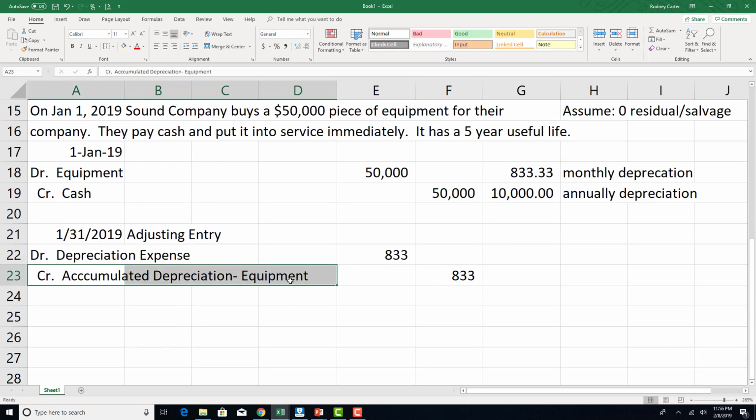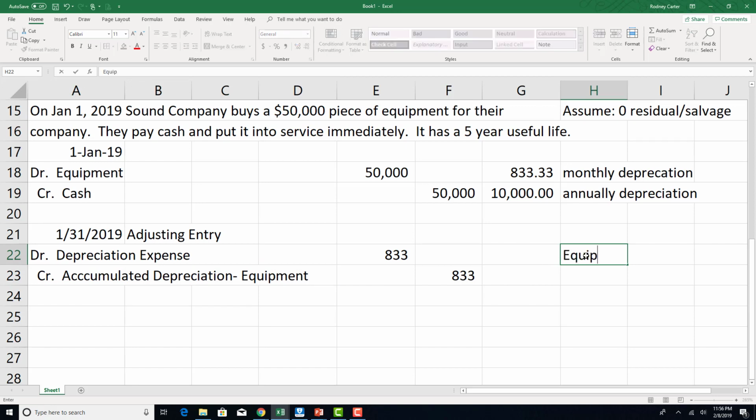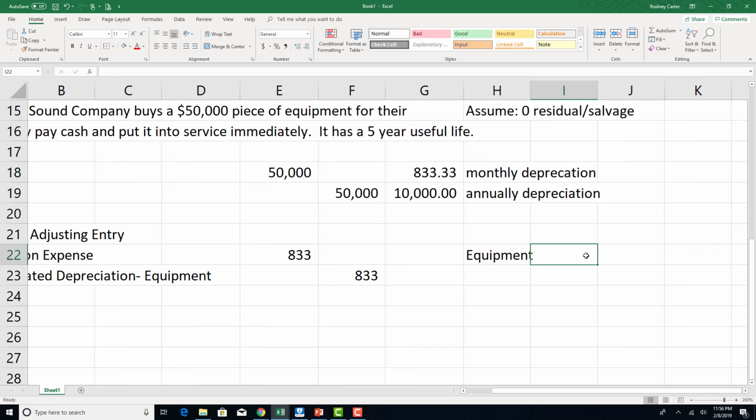Accumulated depreciation equipment is a contra asset. It's presented on the balance sheet as equipment will always stay. Equipment will always be at this 50,000 for this item, and then the accumulated depreciation portion, I'm going to say less accumulated depreciation.